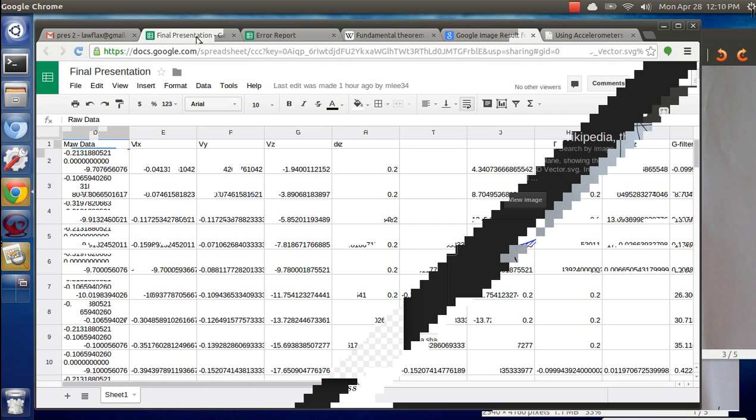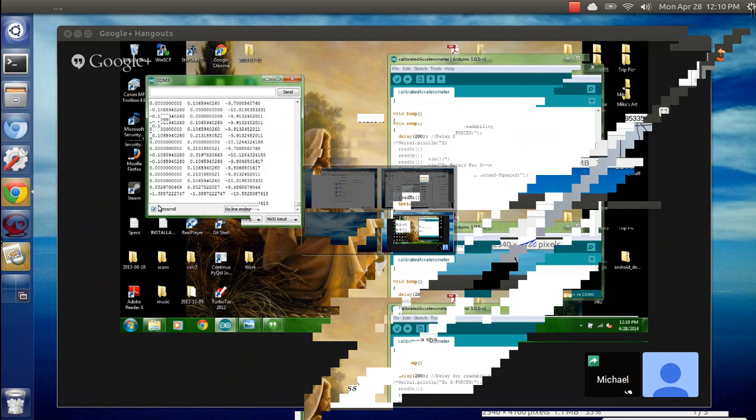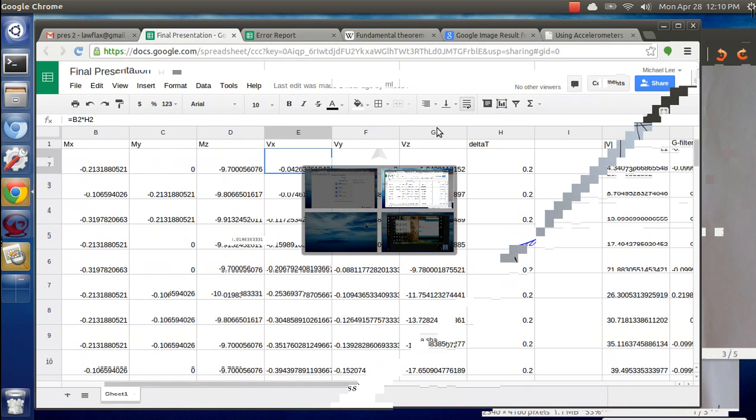So you can think of this as 0 plus the acceleration at that moment times my time sampling rate. Since in my code down here I had it set for 200 milliseconds, or 0.2 seconds, that's my delta t for all my calculations. As expected, for each calculation after the first one, I use my previous velocity.